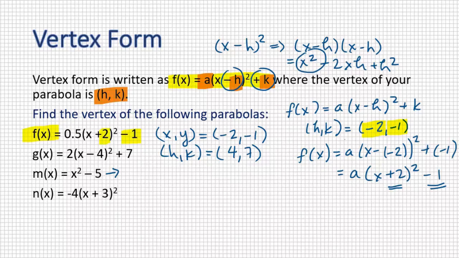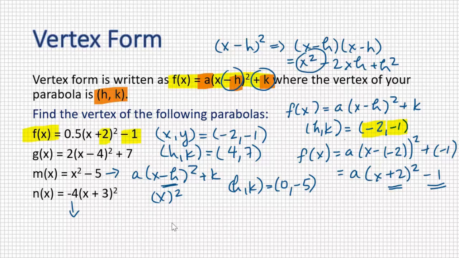What we can do here is think of this as a times (x minus h) squared plus k, but the value of h is 0. If the value of h is 0, we get (x minus 0) all squared. So that's where the x squared comes from. So for m of x, the value of the vertex (h, k) is (0, -5).